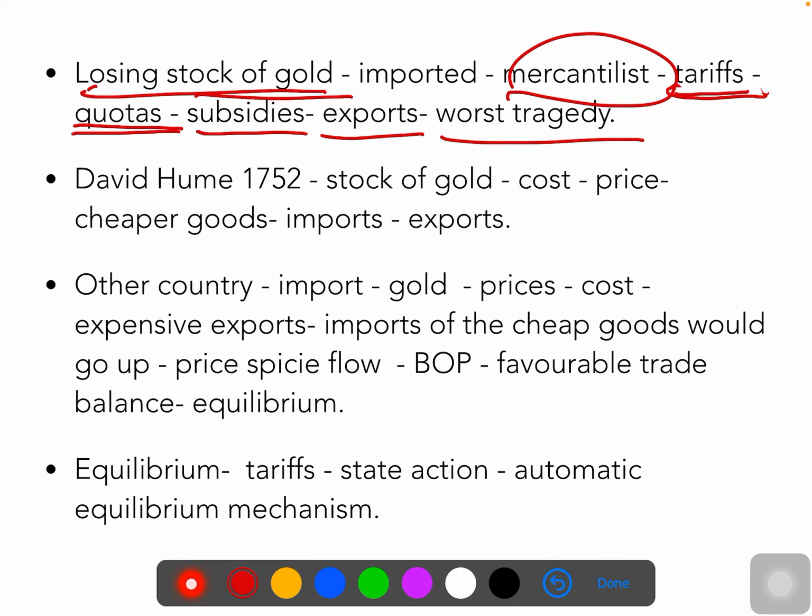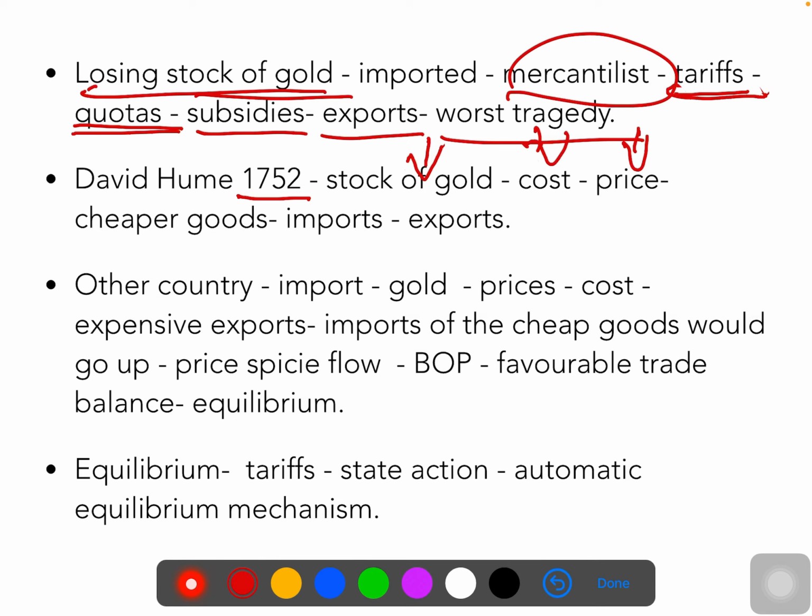David Hume, who is noted as a philosopher, in the year 1752 refuted this view and pointed out that if the stock of gold goes down, all prices will come down, all costs are also going to come down, and no one in the country would be worse off.